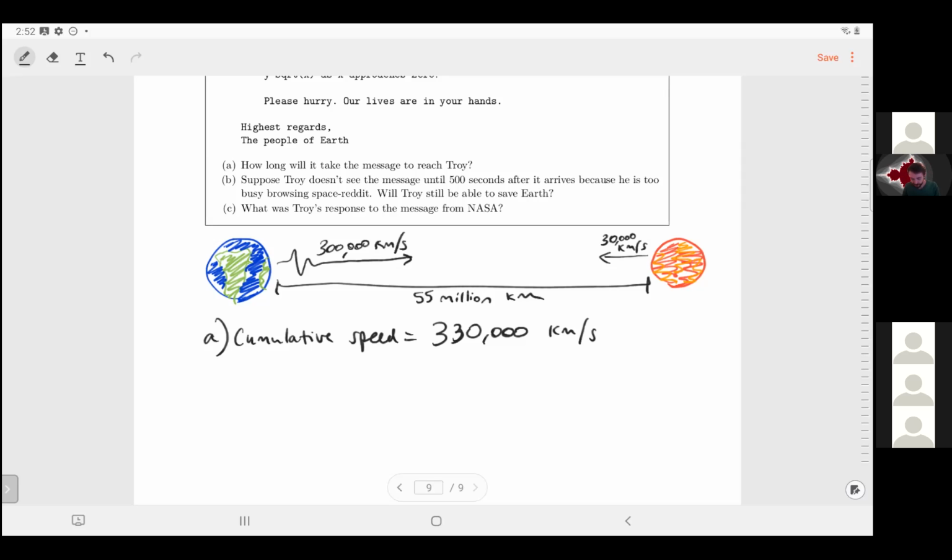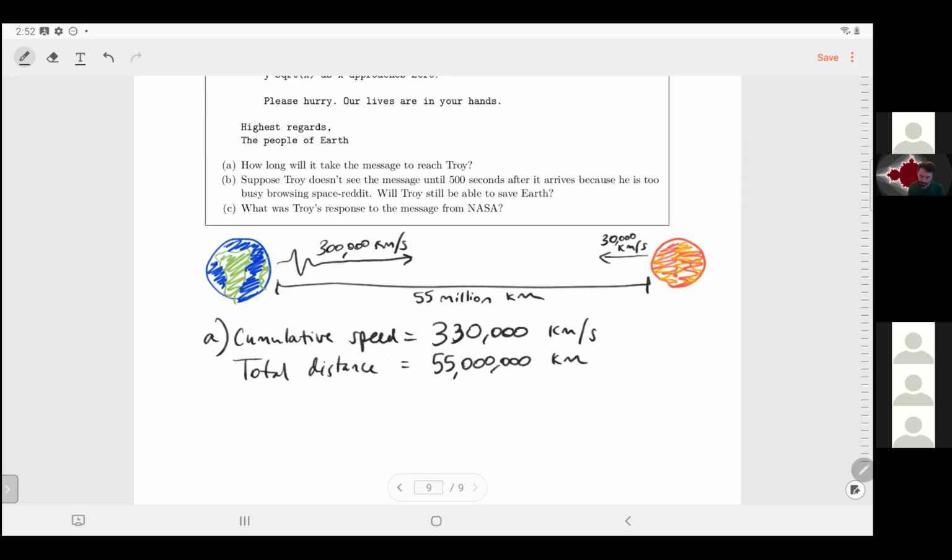Because, yeah, that'll tell you, oh, maybe that would work. Would that work? Okay, we'll try it two ways. So we have that, and then we want to traverse this total distance. I think it will work. 55 followed by 6 zeros, kilometers.